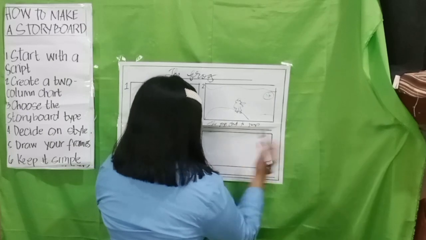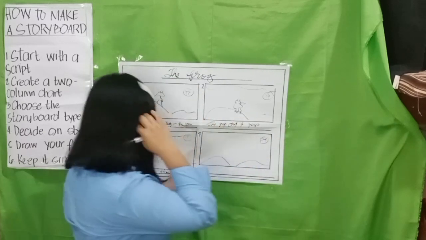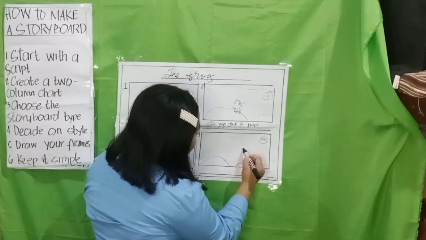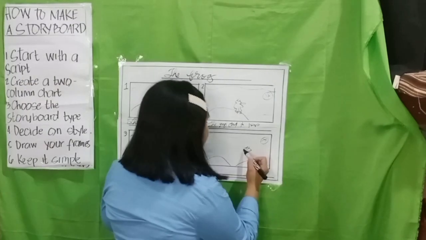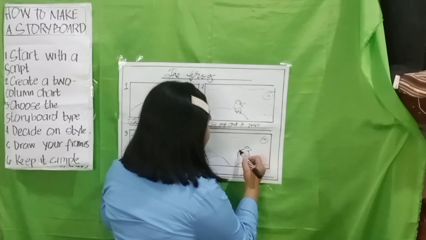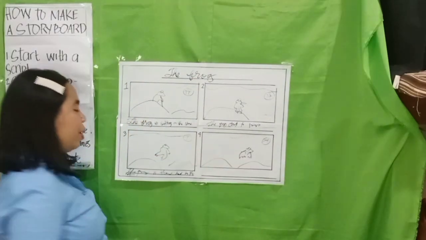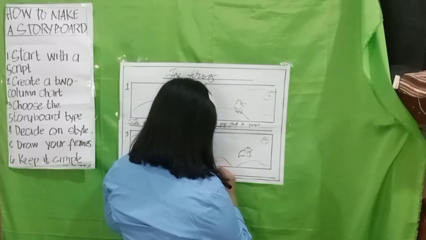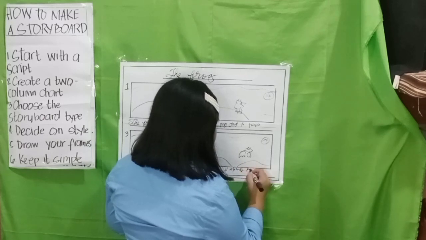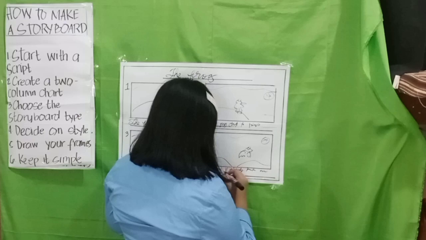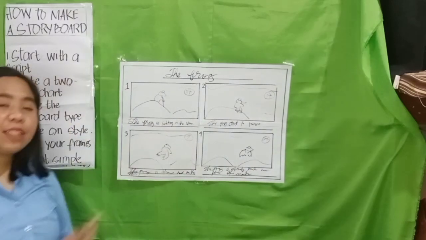So I'll draw the river, the stone, the river, and finally, the frog is already on the water. So this is my storyboard.